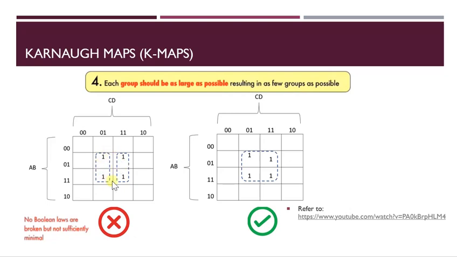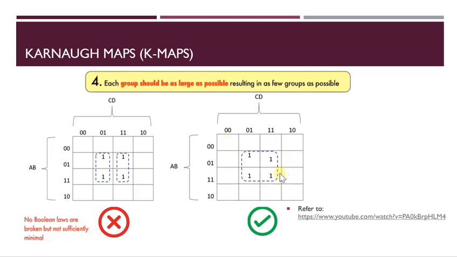But this one is not sufficient because we want to simplify as much as possible. If we only group two cells together, this one is not simplified yet. No Boolean laws are broken but it is not sufficiently minimal.